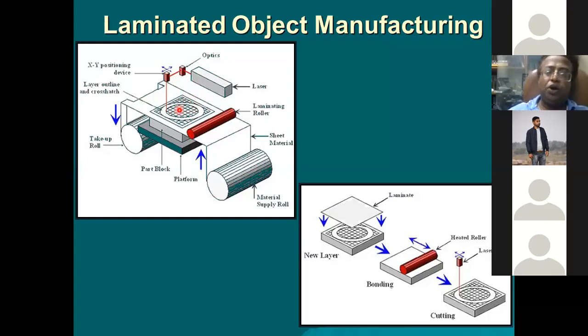Later on, you will get a block kind of thing, and by mechanical means, using some tools, you will remove the components. So this process is not a very accurate process. It is only used to make some sort of models. That is actually the advantage, or we can say limitations, of this process.